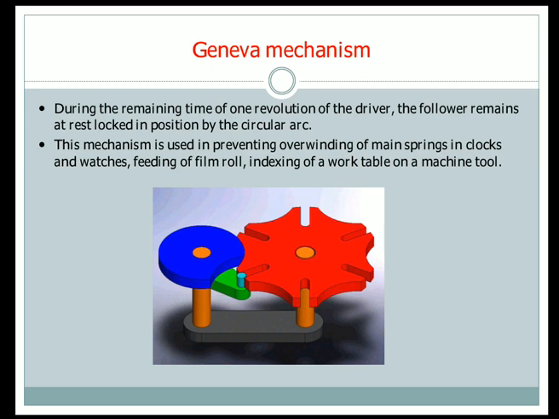This mechanism can also be used for indexing of the work table on a machine tool. In machine tools such as a lathe or shaper machine, we can use this mechanism for indexing or for rotation of small angles. These are some applications of the Geneva wheel mechanism.